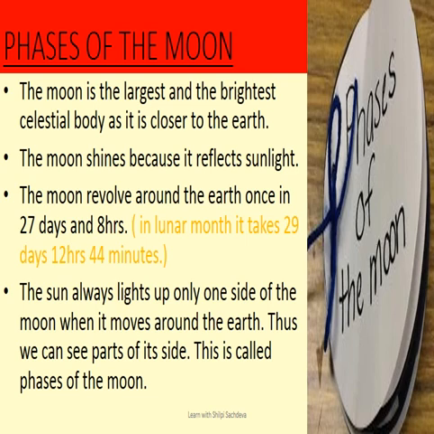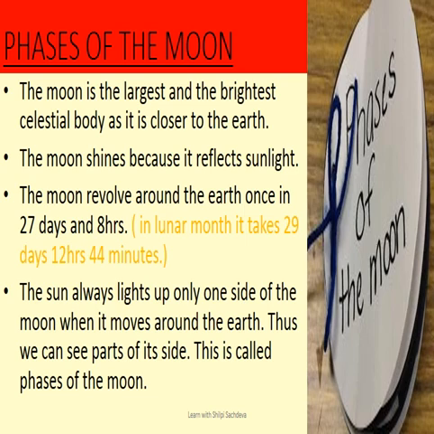Now let us discuss the next part of the lesson, that is phases of the moon. The moon is the largest and the brightest celestial body as it is closer to the earth. The moon shines because it reflects sunlight. The moon revolves around the earth once in 27 days and 8 hours, whereas a lunar month takes 29 days, 12 hours and 44 minutes.